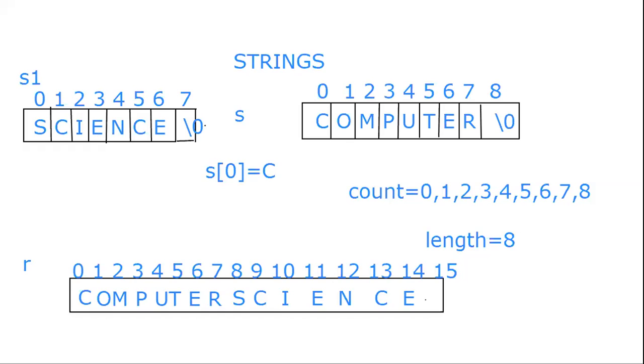For example, if we specify 3, then at the end of the first string, only the first 3 letters, sci only, will be taken. So our string will stop here. It will take only the first n letters of the second string, and the final answer will be in string 1.